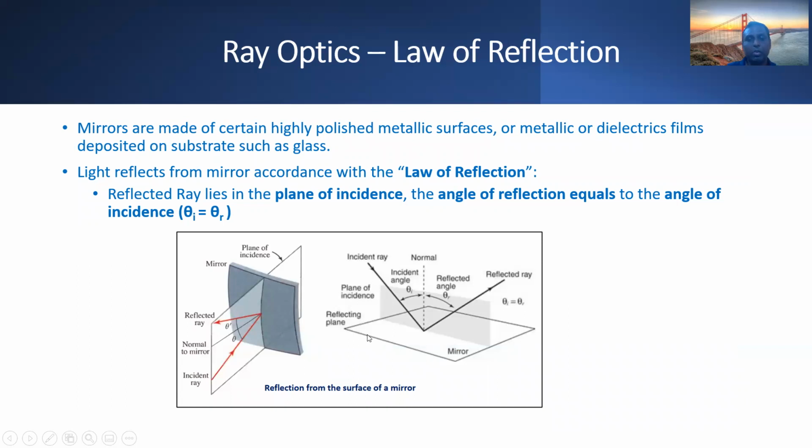Another view, on the right hand side, shows a mirror on the bottom and the plane perpendicular to it. We can see that the incident ray gets reflected, and the angle of the reflected ray equals that of the incident ray.